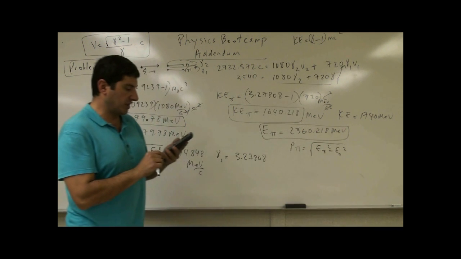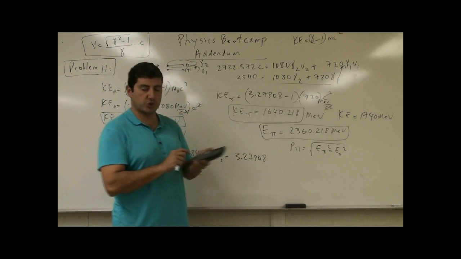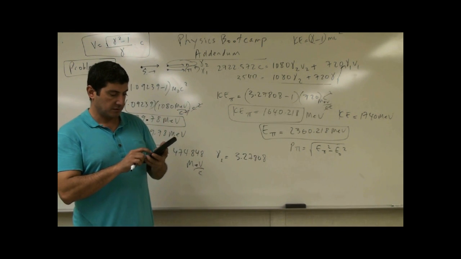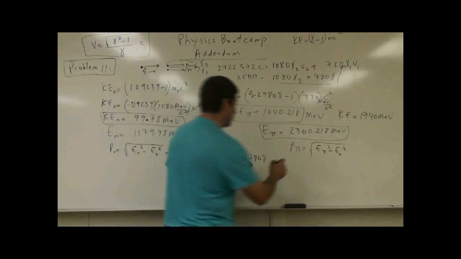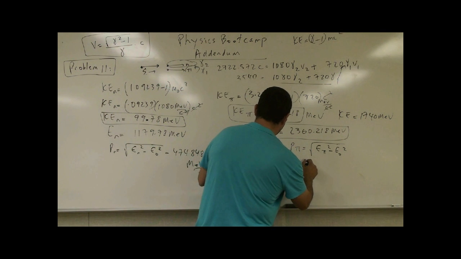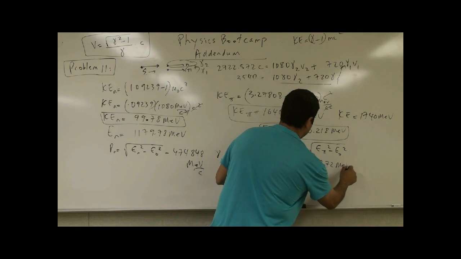So 2360 squared minus the rest energy, 720 squared, and then square root of that, and you're going to get the momentum of the pion, 2247.72 mega electron volts over c.